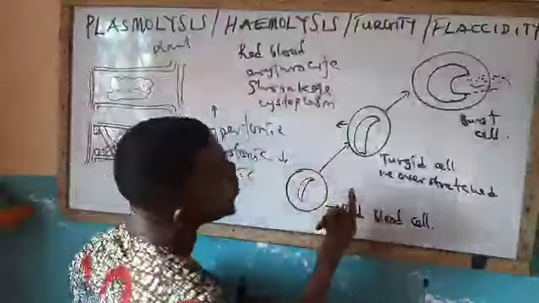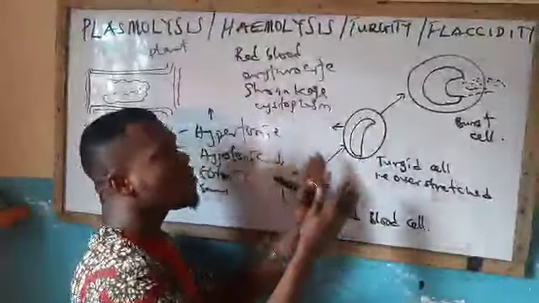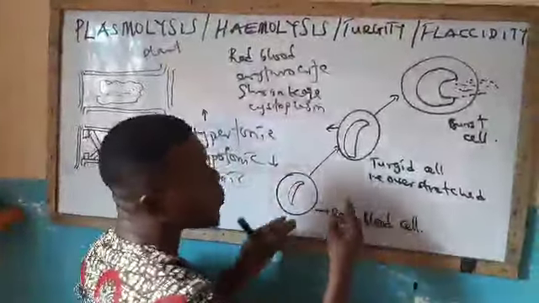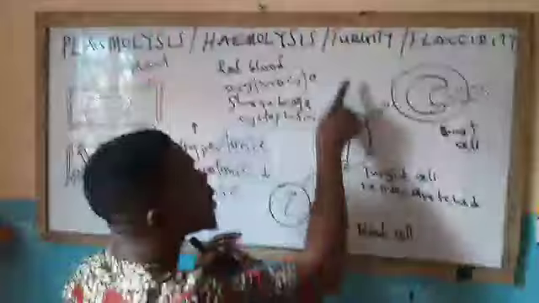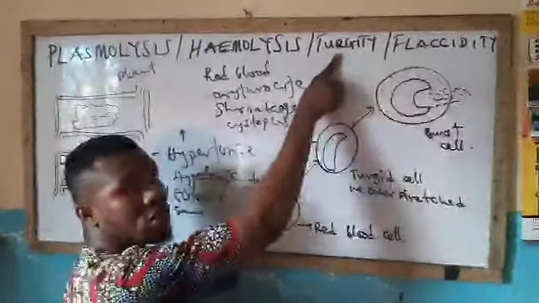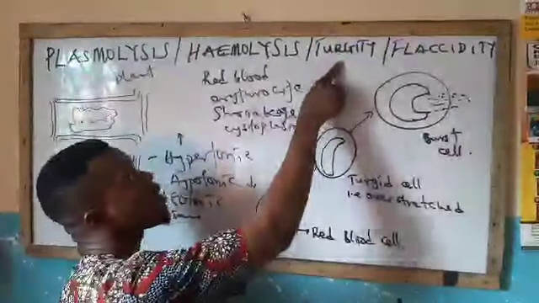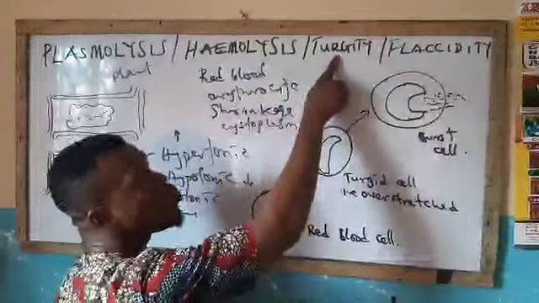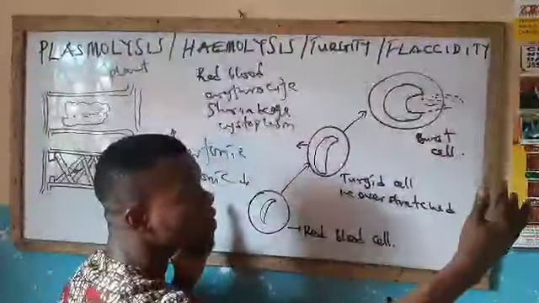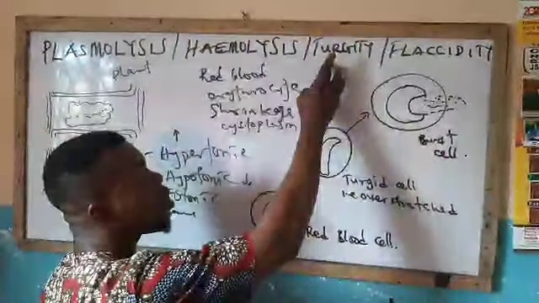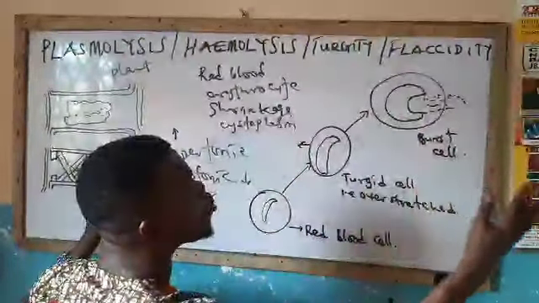When it has absorbed the molecules of water and increased in size, or become overstretched, it is said to be turgid. That defines what we call turgidity. Turgidity is a process whereby a cell absorbs water and increases in size, or becomes stretched.